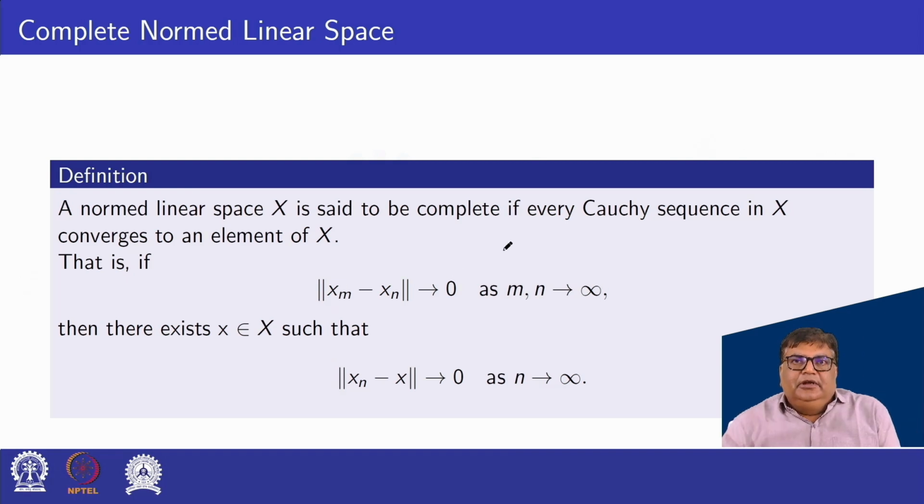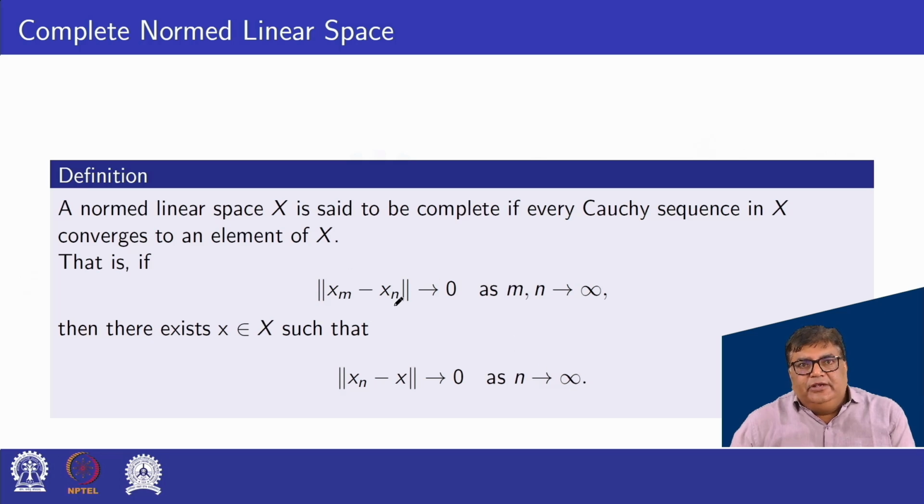Next definition, completeness. A normed linear space X is said to be complete if every Cauchy sequence in X converges to an element of X. That is, if norm xm minus xn tends to 0 as m, n tend to infinity, that is a Cauchy sequence, then there exists x an element of X such that norm xn minus x tends to 0 as n tends to infinity.